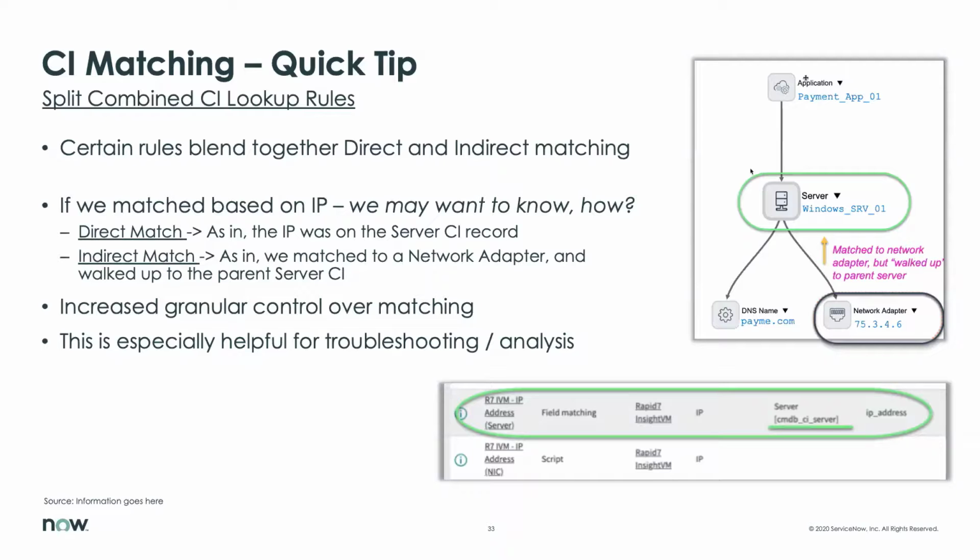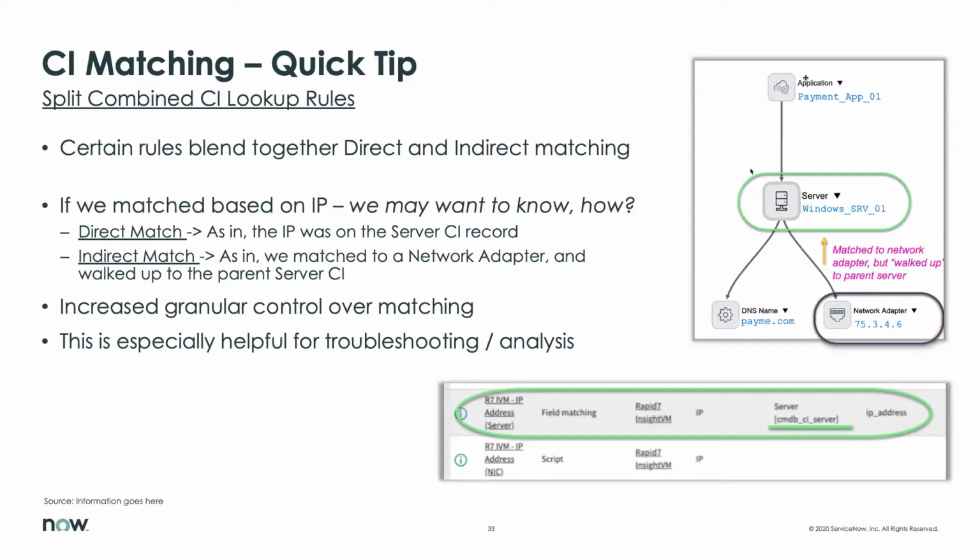Some of the baseline CI lookup rules, there's a few moving parts to them. In particular, some of the IP specific ones. There are queries that happen at multiple layers. For example, first we may check the network adapters. We may check the IP addresses. And if we find a match to a network adapter, our preference is really to take the parent server, right?